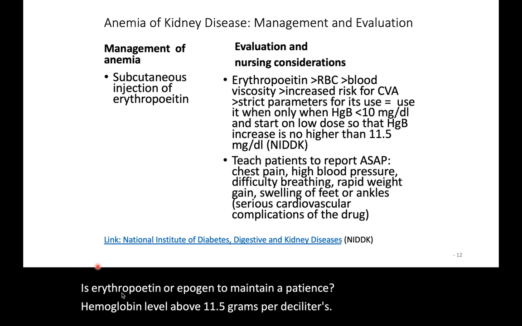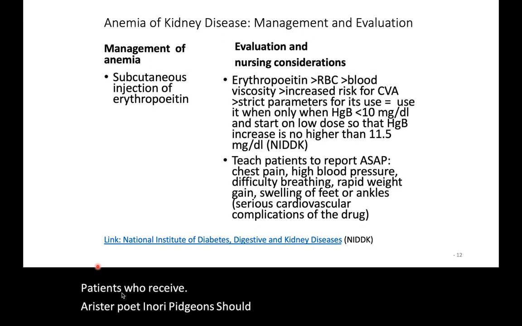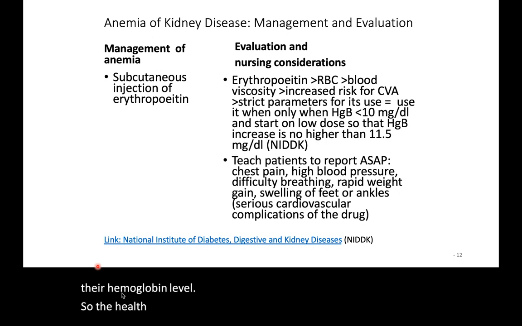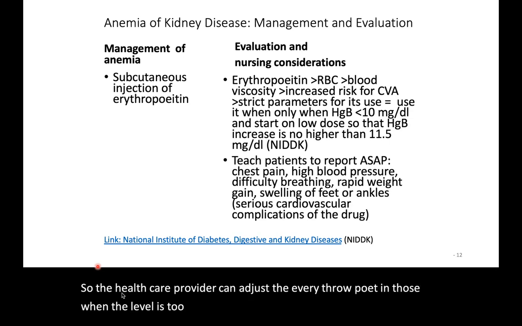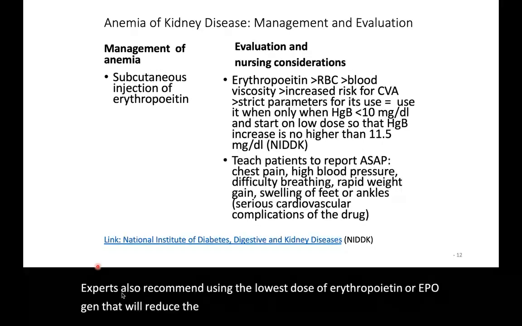Patients who receive erythropoietin or epogen should have regular blood tests to monitor their hemoglobin level so the healthcare provider can adjust the erythropoietin dose when the level is too high or too low. Experts also recommend using the lowest dose of erythropoietin or epogen that will reduce the need for red blood cell transfusions.